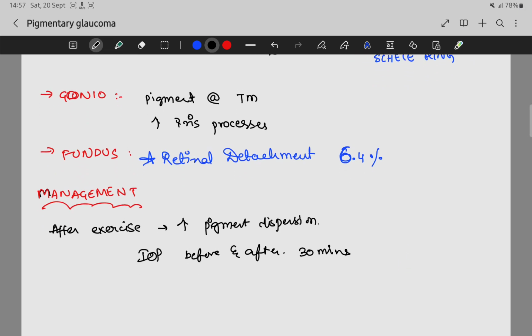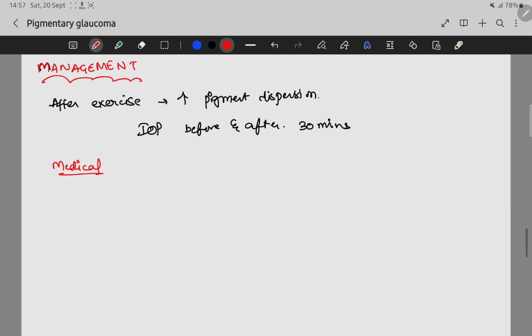Okay, so coming to the medical management. So medical management includes miotic therapy.